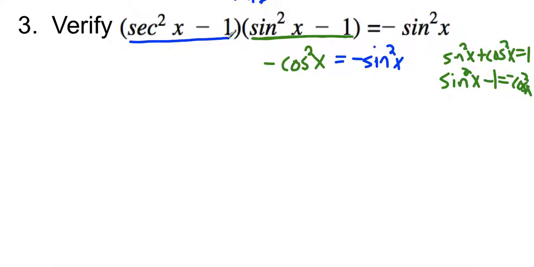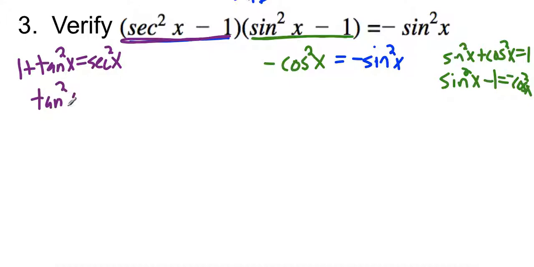This one's making me kind of think of the other Pythagorean identity that we had. 1 plus tangent squared x equals secant squared x. And if I subtract the 1 over, tangent squared x equals secant squared x minus 1, I can replace this with tangent squared x.